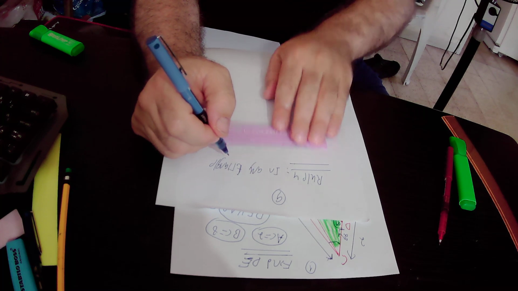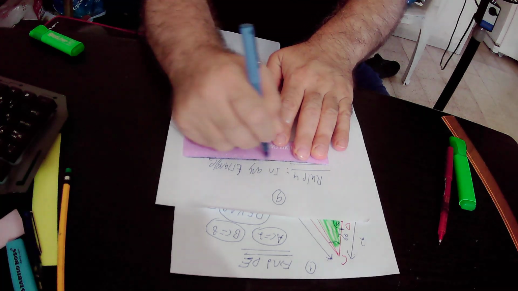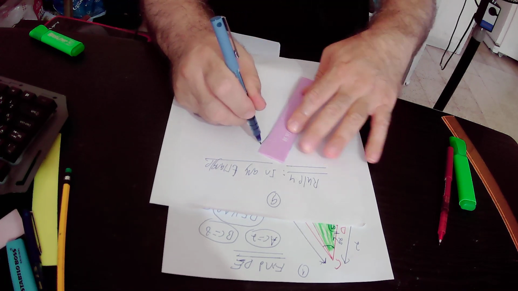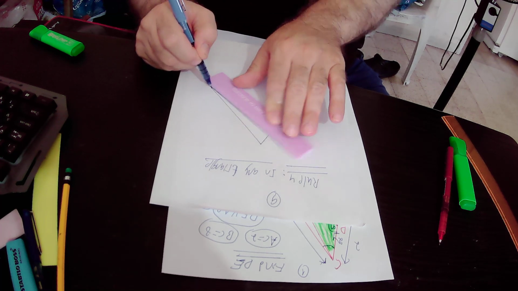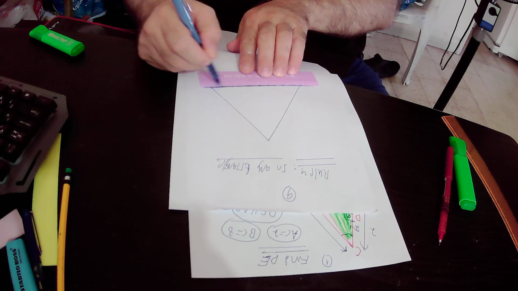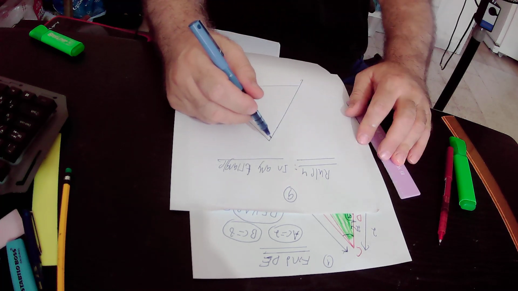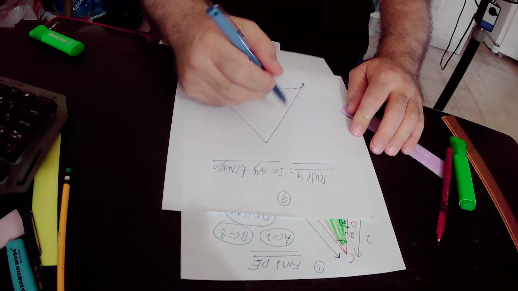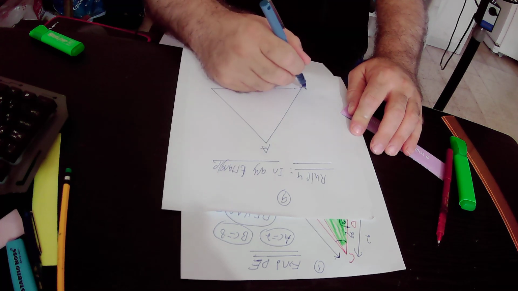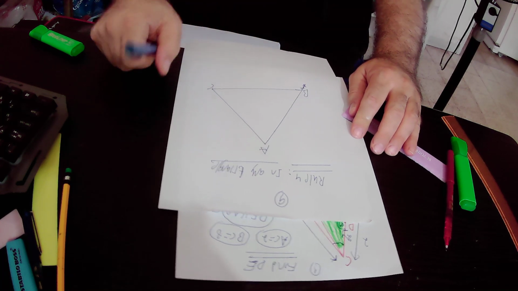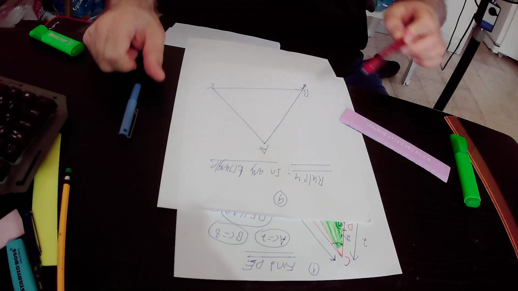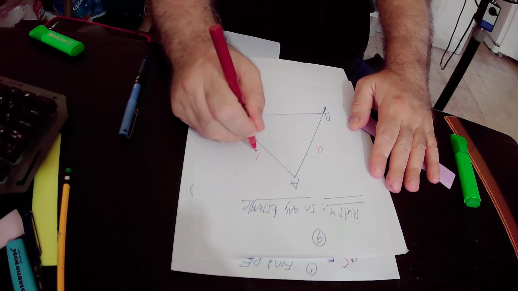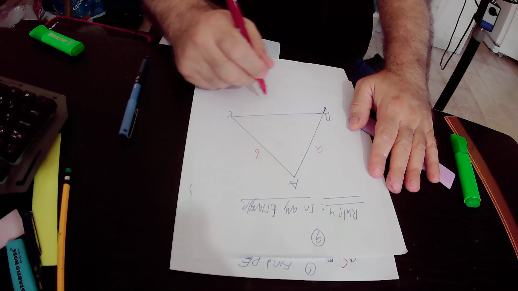So actually if we have triangle ABC, that could be any triangle, this is triangle ABC, and we know that side AB equals A units, side AC equals B units, and side BC equals C units.